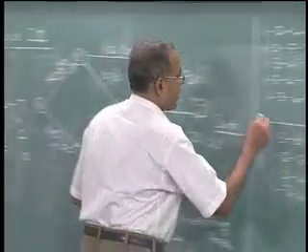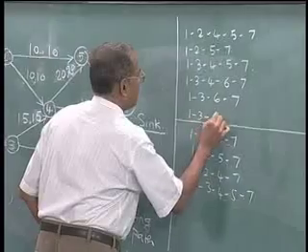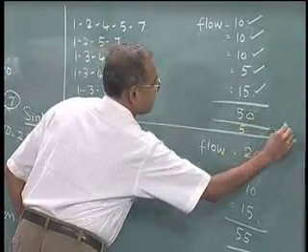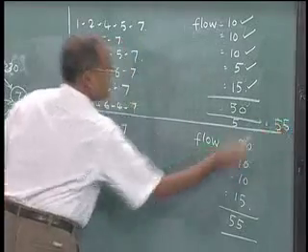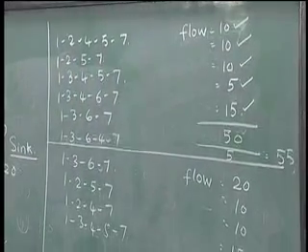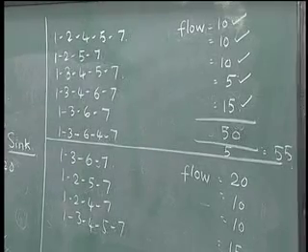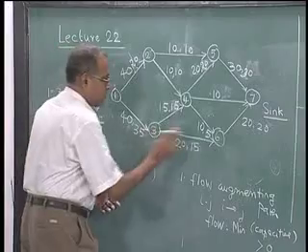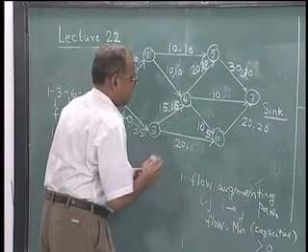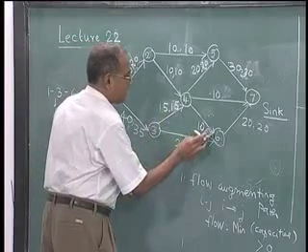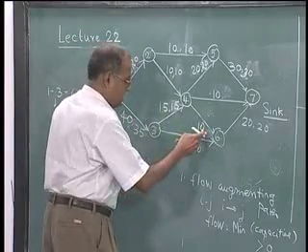So we can go back and add 1 3 6 4 7, which will give us 5, and we get that 55. Now the flows have to be updated. Now this 30, this is a forward arc, so 30 will become 35. 3 to 6 is a forward arc, 15 will become 20. 6 to 4 is a backward arc, so 10 will become 0.